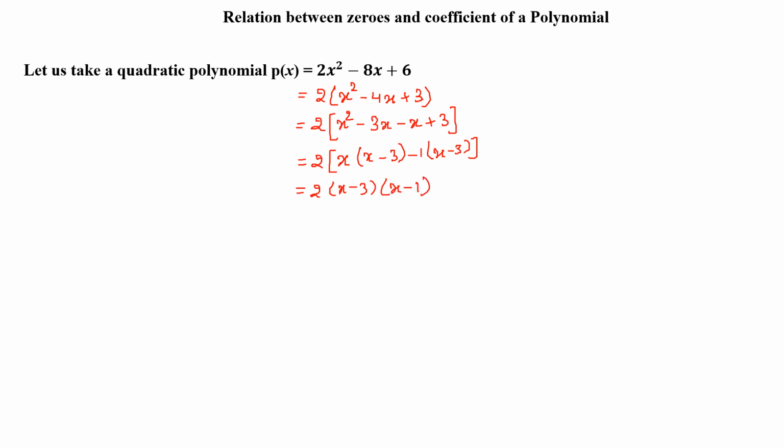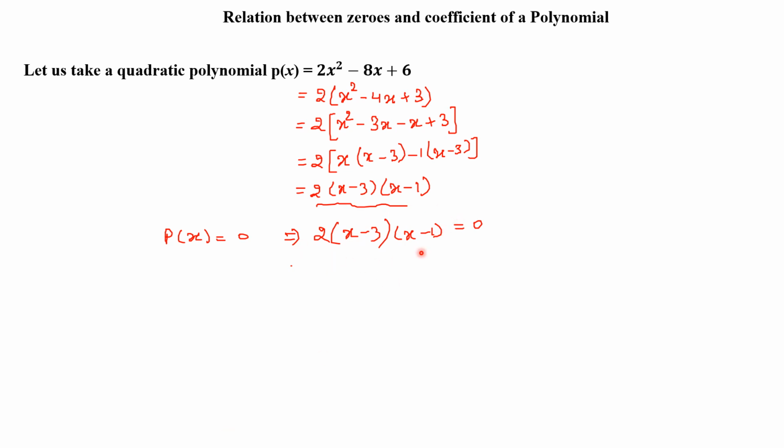Now if you have to find the zeros, it means for what value of x this p(x) will become 0. When I factorize I have got this, right? So let's write 2(x - 3)(x - 1) = 0.